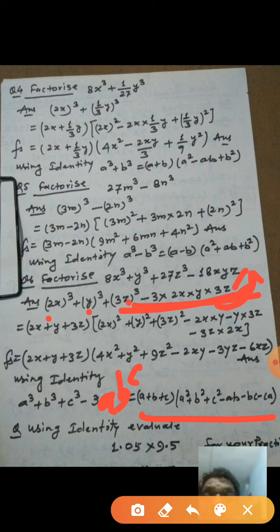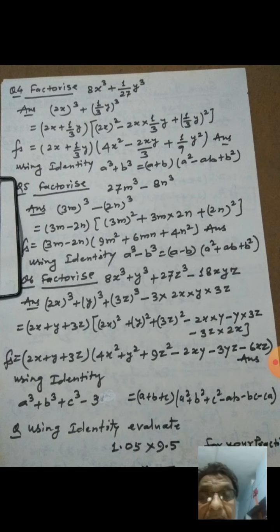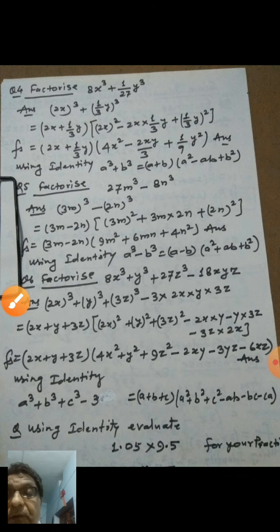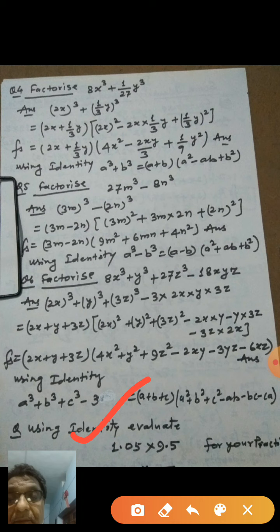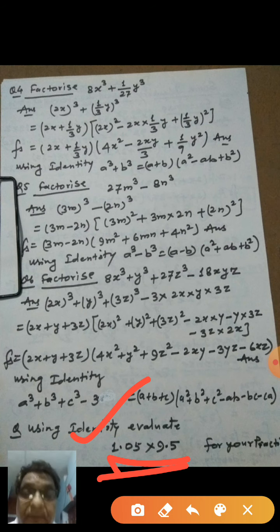There should not be any doubt, students. You will do your practice work from your NCERT book as well as from other books. And here I have given you one for your work, that is, using identity evaluate 1.05 into 9.5. So try to solve this.